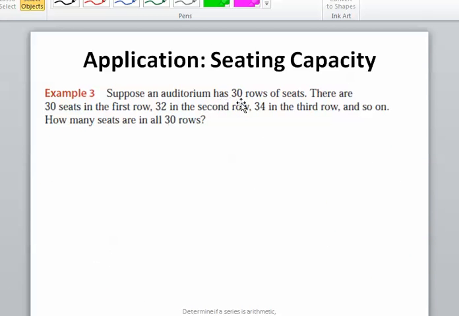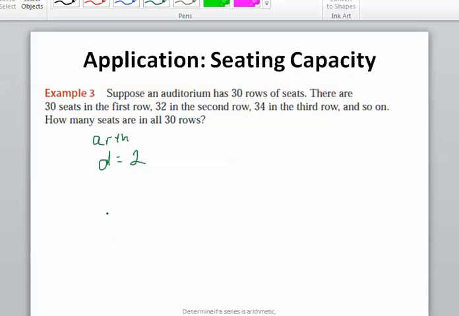Suppose an auditorium has 30 rows of seats. There are 30 seats in the first row, 32 in the second row, 34 in the third row, and so on. How many seats are in 30 rows? Well, once again, I see an arithmetic sequence. How do I see it as arithmetic? Because my common difference is 2 in every successive row.